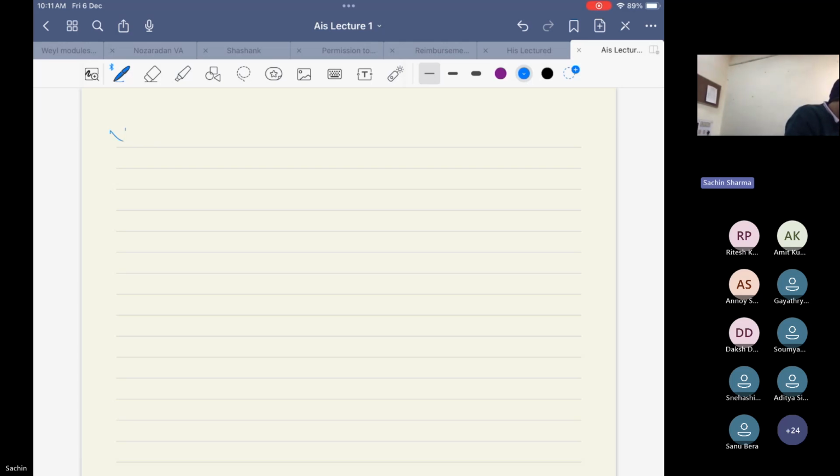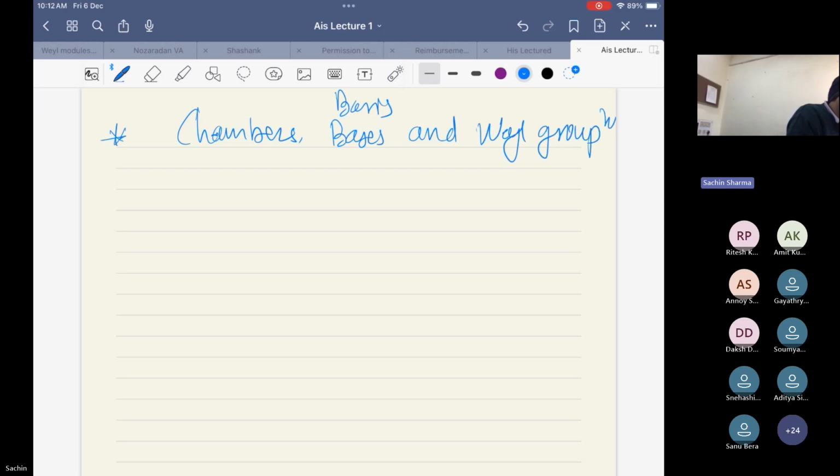Here are the things: chambers, bases (Bourbaki also says basis), and the Weyl group W. We have already introduced these things, and we will see their interplay.